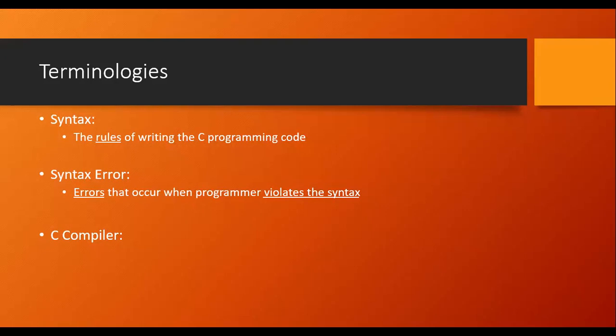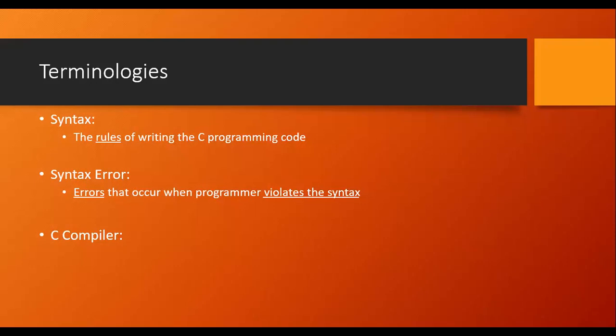Okay, then the third term is compiler. In the previous session, you might have heard me use one term called compiler or compilation. So what does this compiler actually mean?